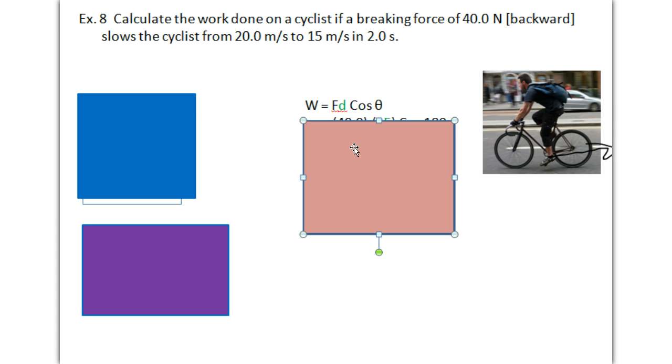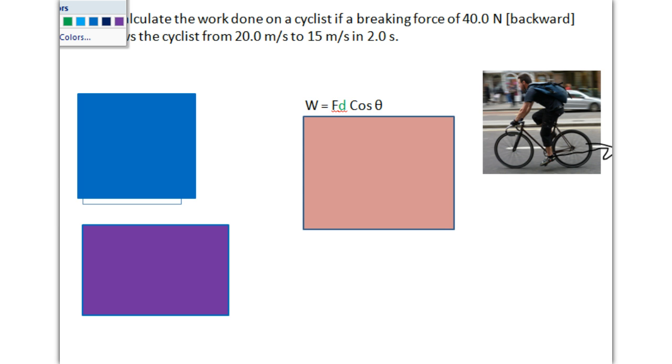So we start with work. It's force times distance. And we're going to need to use cosine theta here, because since the braking force is opposite the direction of motion, the motion in this case is going forward. Braking force is going opposite to that.